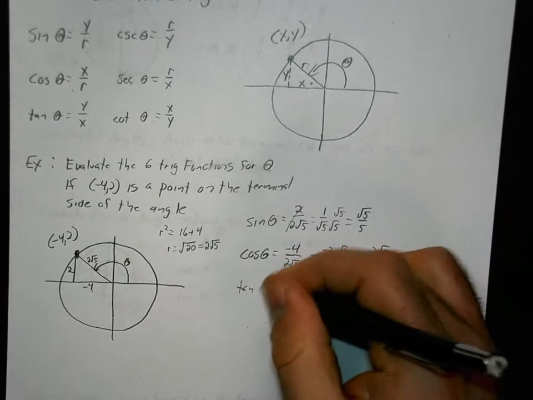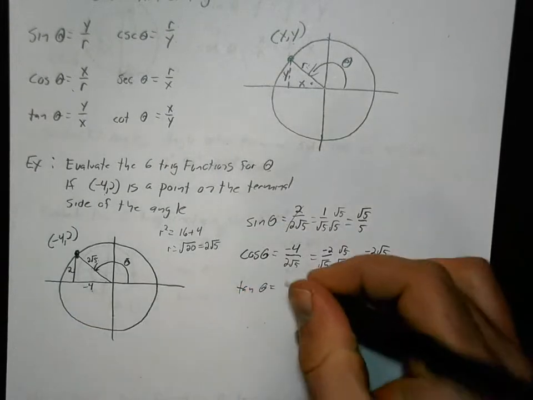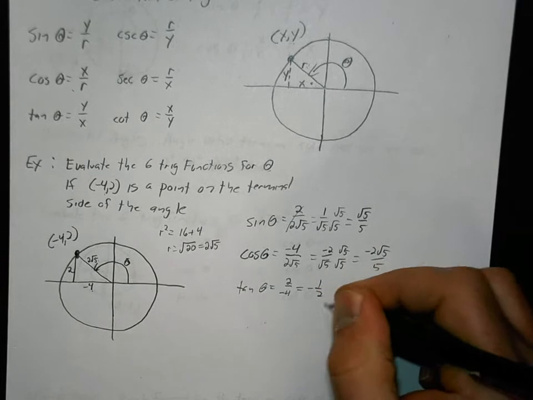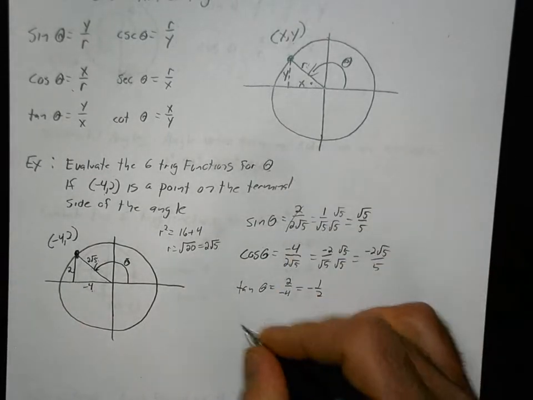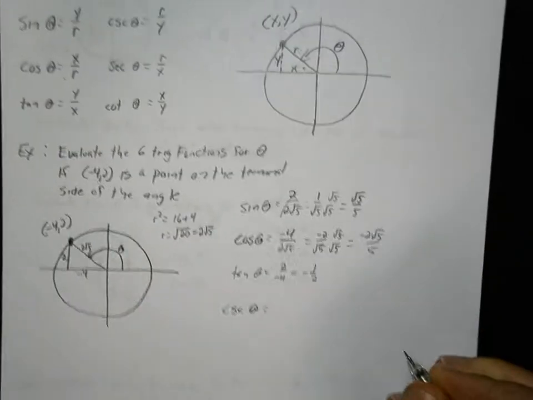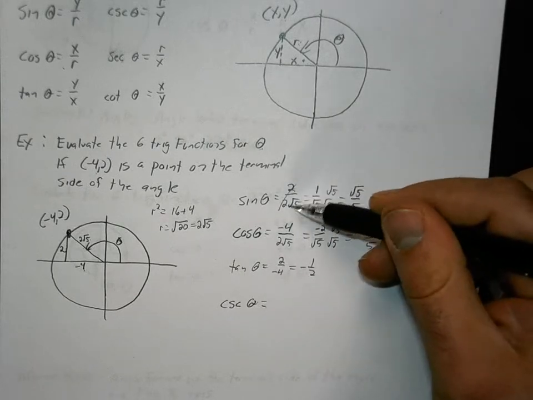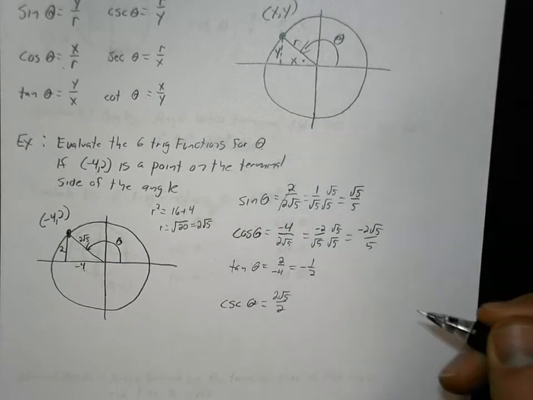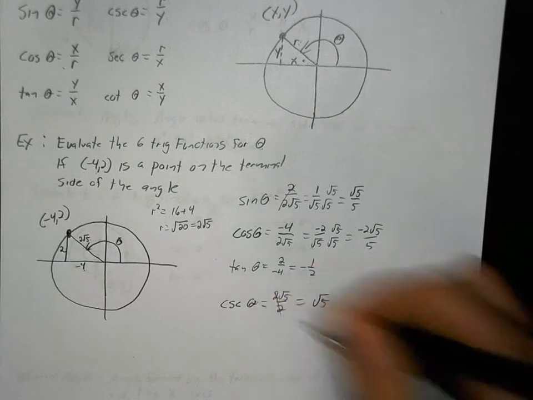Tangent. Tangent is opposite over adjacent, so 2 over negative 4, which is negative 1 over 2. Cosecant. Cosecant is the reciprocal of sine. Sine was 2 over 2 square root of 5, so it's 2 square root of 5 over 2, which is just the square root of 5 because those cancel.